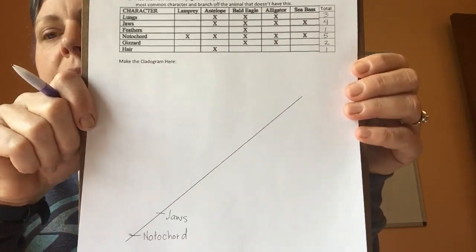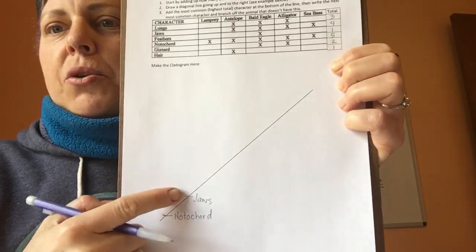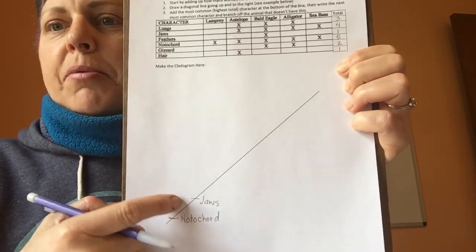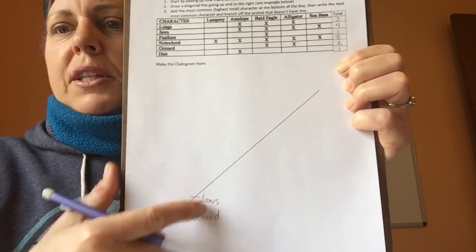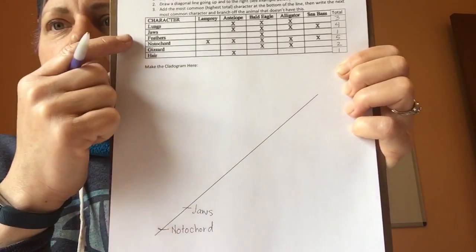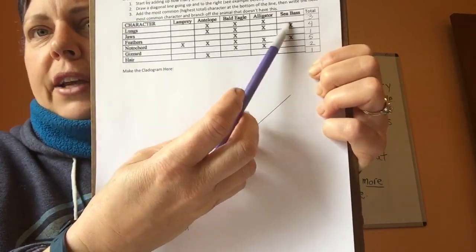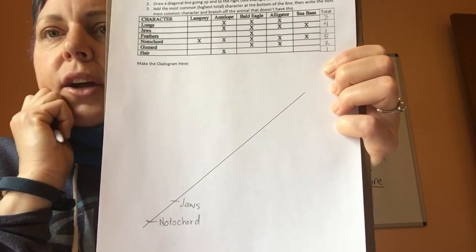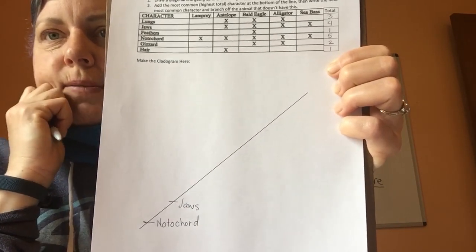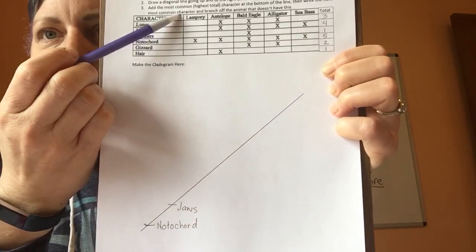There is one animal up here that has a notochord but has no jaws. So we have to branch it off in between these 2 characteristics. Which animal up here, the lamprey, the antelope, the bald eagle, alligator, or sea bass, has a notochord but nothing else? You should notice that it is the lamprey.